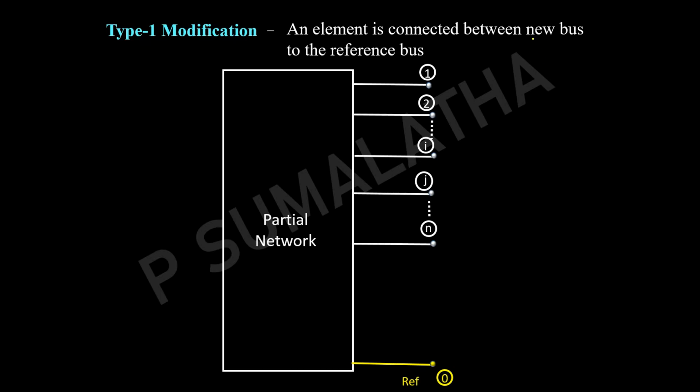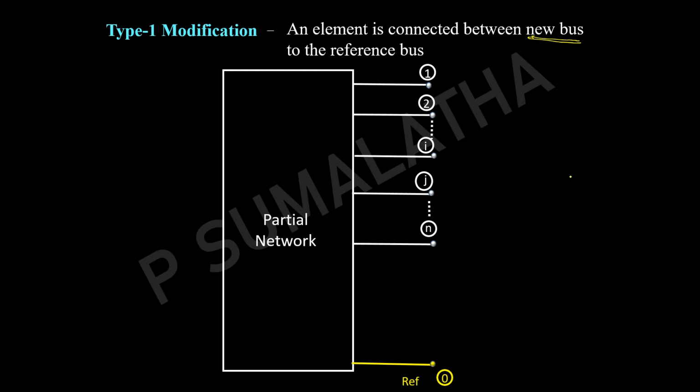A new bus is one which does not exist in the current network, and we are going to bring it newly into the existing network. It means, if you lay down some extra transmission lines, how do we connect those nodes to the existing bus? From a new location to the existing network.